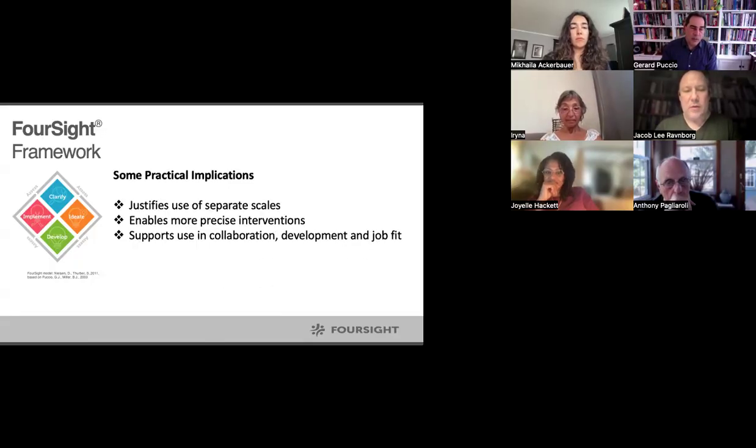Now, that leads us to some practical implications. Number one, this justifies the use of separate scales to measure these four preferences, which enables us to be more precise about interventions.